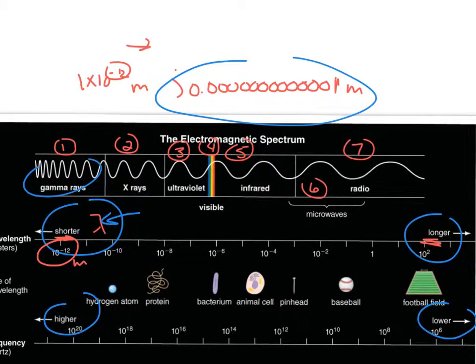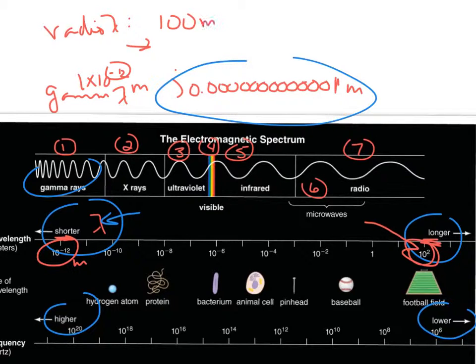If we compare to the radio waves up here, so this was gamma wavelength. How about radio wavelength? Radio wavelength is 10 squared, so 10 squared is what? 100 meters.